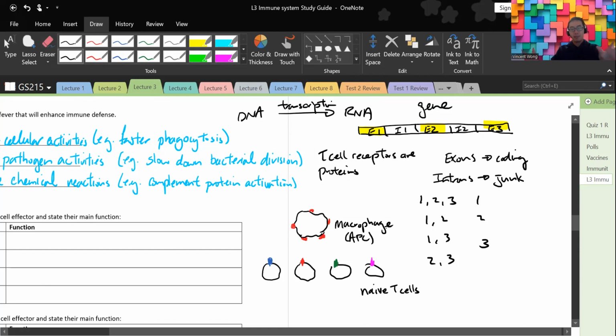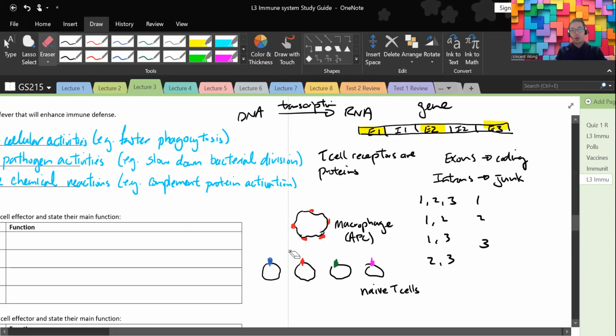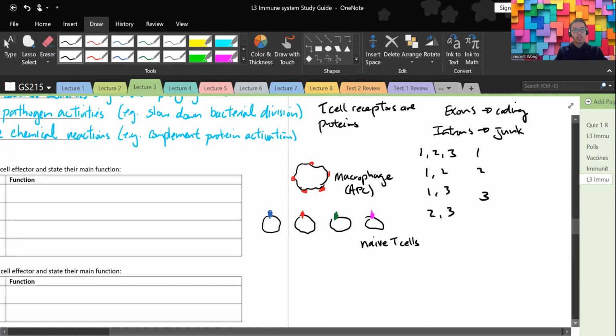Because we are infected with the red bacteria, the phagocyte's job is to present it to one of these naive T cells and see if there are any suitable receptors that already exist in that pool. It will show it to the blue one, and it won't fit, so that's not going to be chosen.